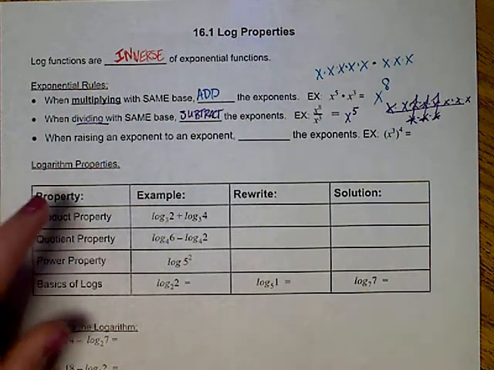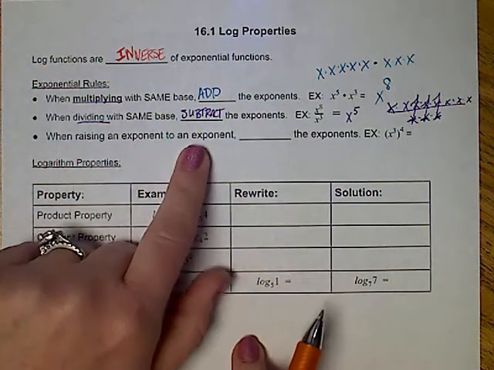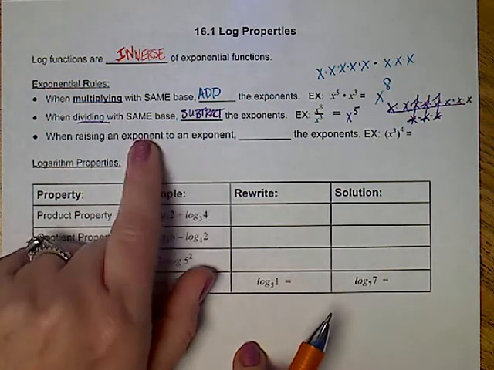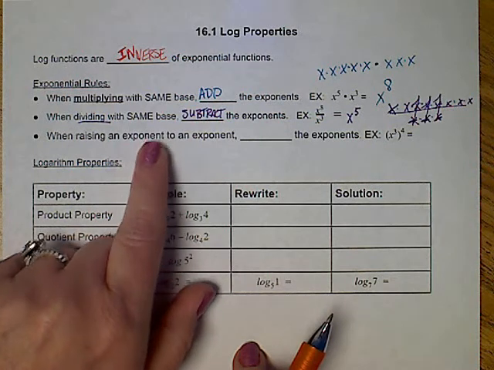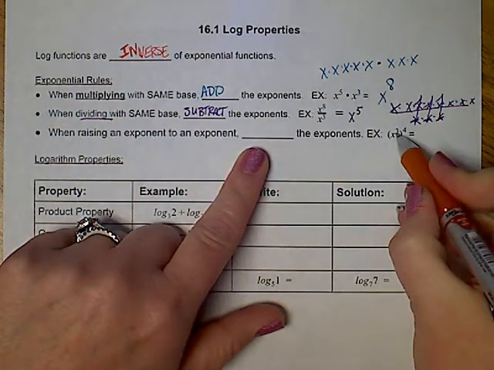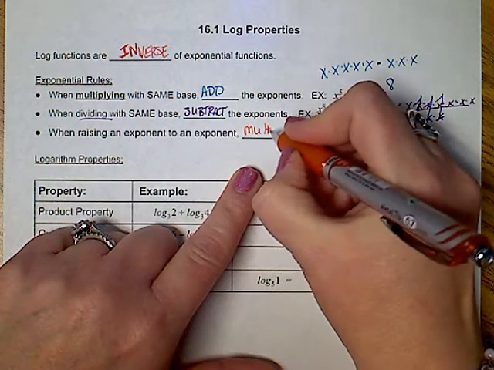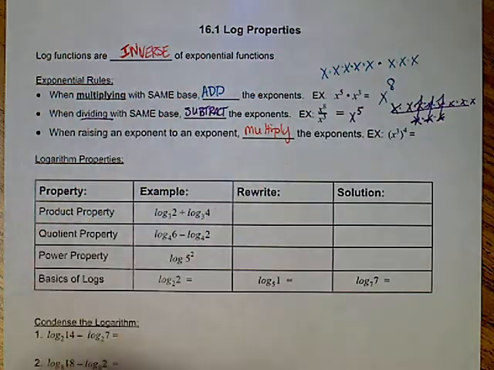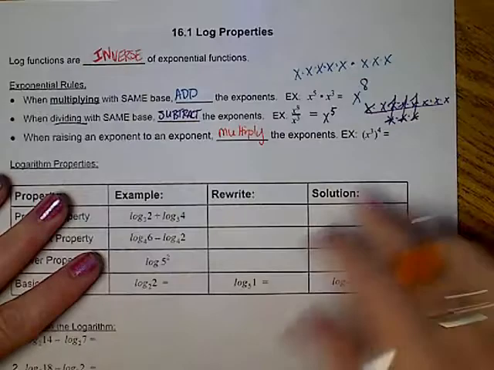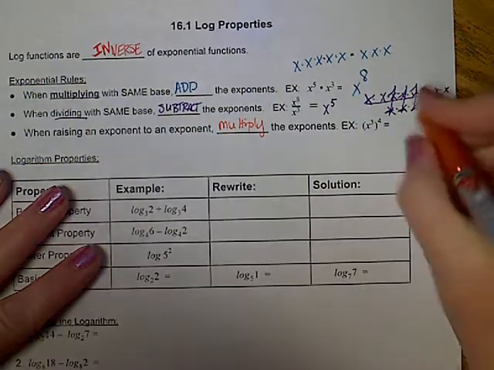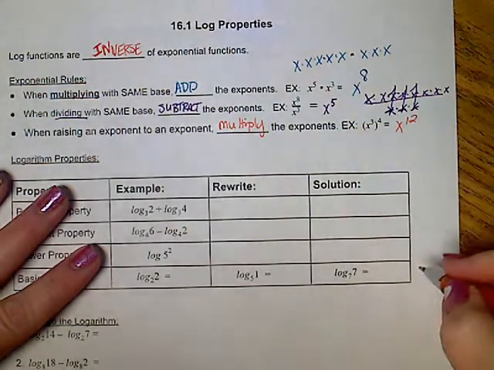And then the last rule we have is when you're raising an exponent to an exponent, or they may say power to a power. Either way, we've got an exponent right here with another exponent. We are supposed to multiply those. So what this means is I've got x to the 12th if I use the rule.